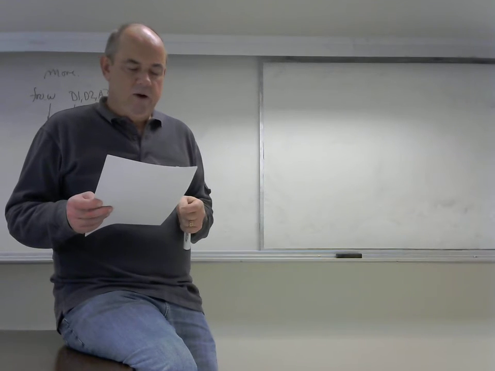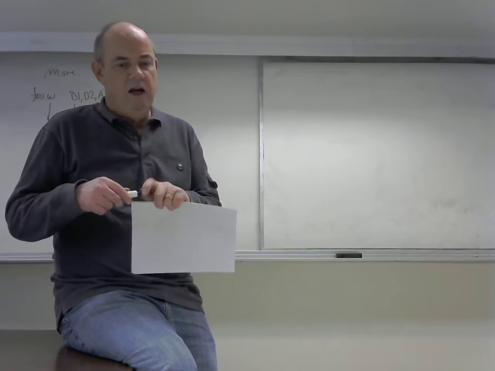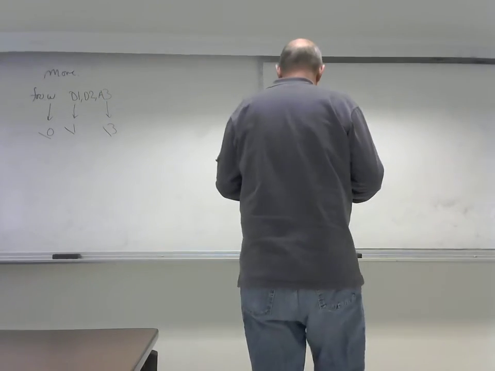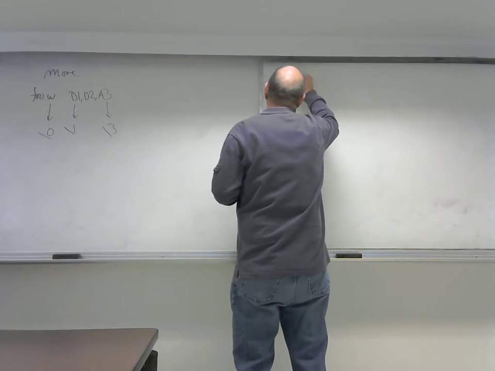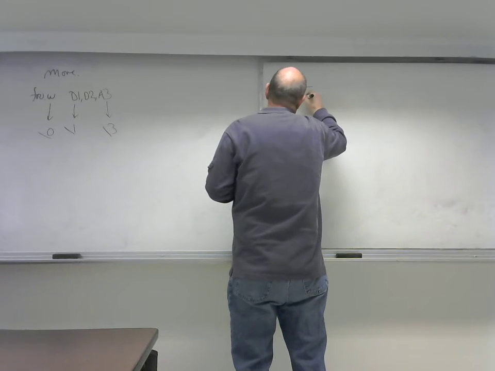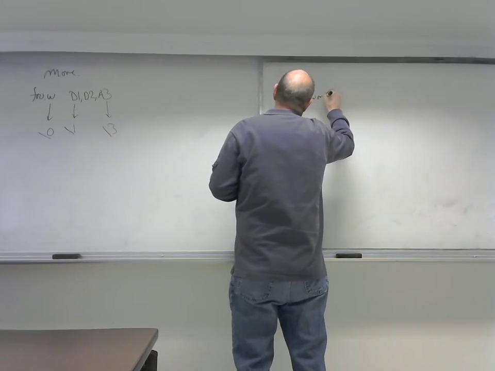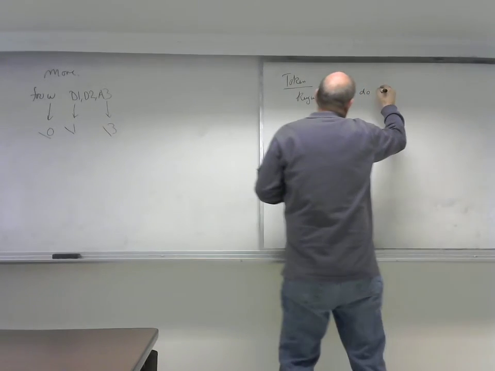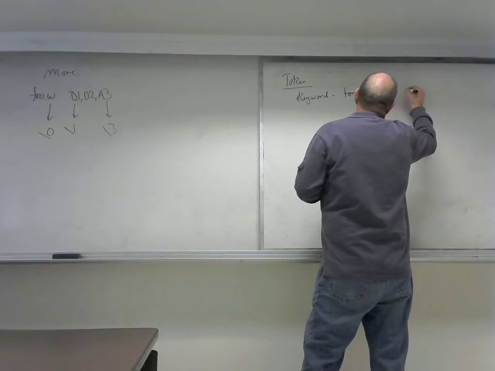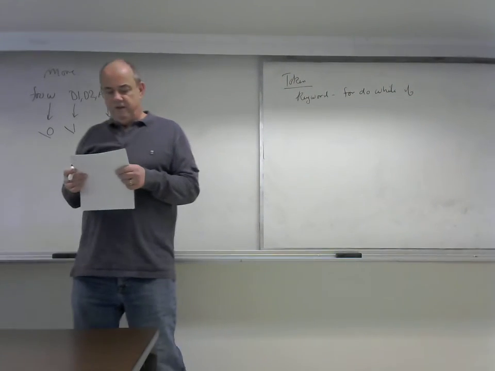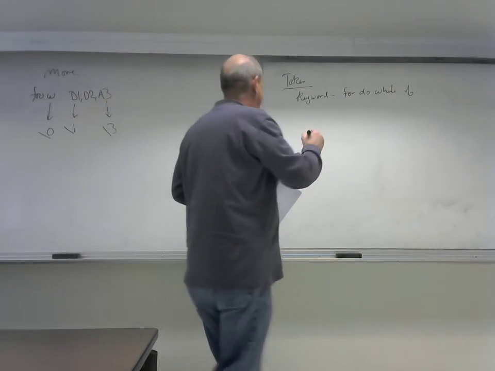So compilers process a sequence of tokens. It's useful to think of tokens as the elements of the language. And what might a token be? Keywords, things like for, do, while, if. Keywords that are essential parts of the language. Variable names.